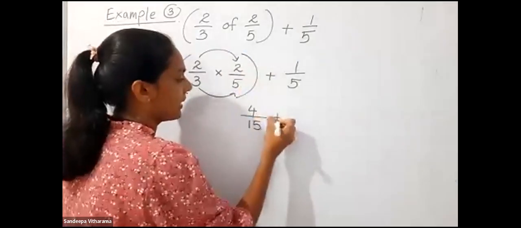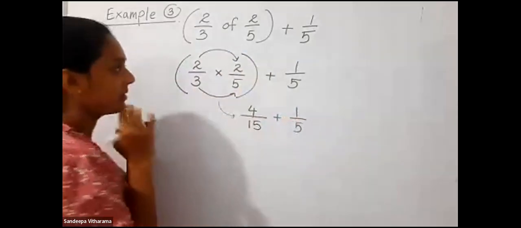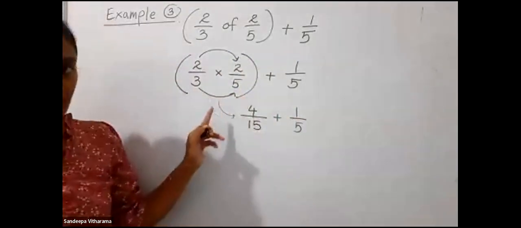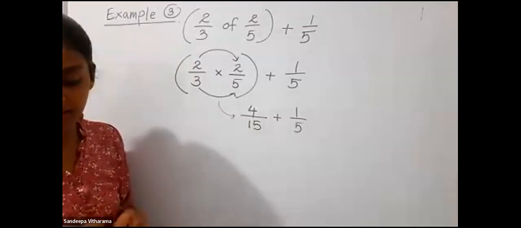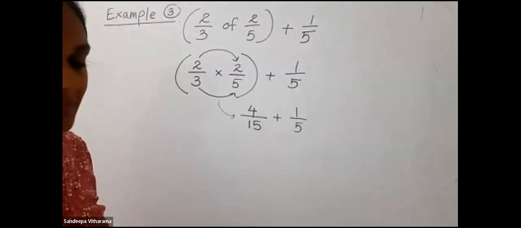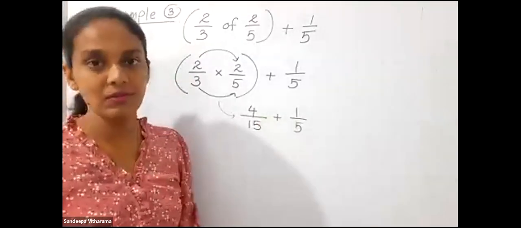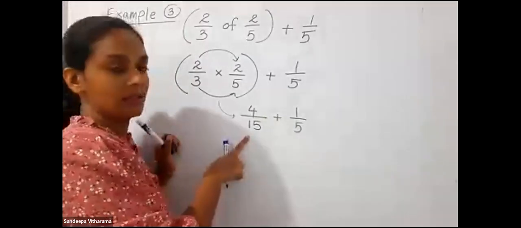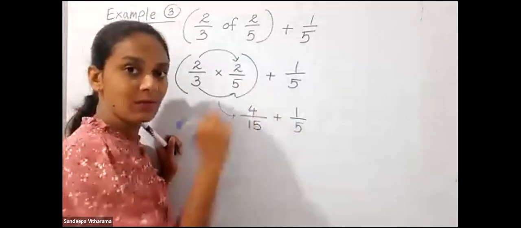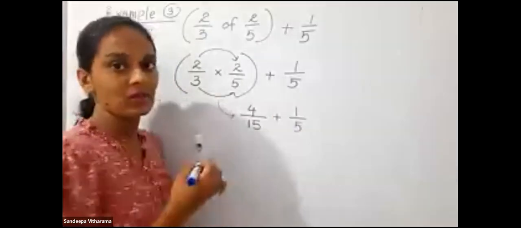Add 1 upon 5. Here we have converted what is within brackets to one particular fraction. Now here it is addition of two fractions with different denominators. So you have to convert the two denominators into one common denominator. How do we do that? We have to take the least common multiple.